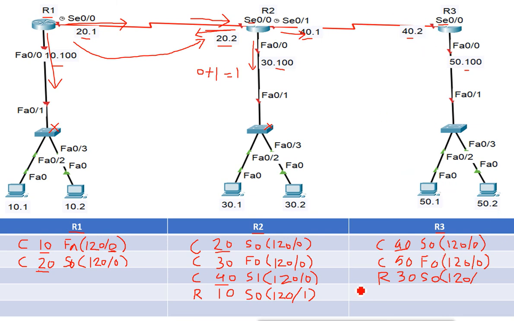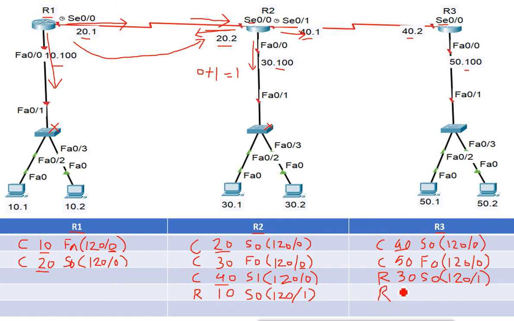For this 30, router 3 sends 0. So again it will add 1 into it and it becomes 1 here. That means this is the first hop, only one hop. So it can reach this network 30 by using one hop. Then it adds the entry for network 20, which is coming from RIP.